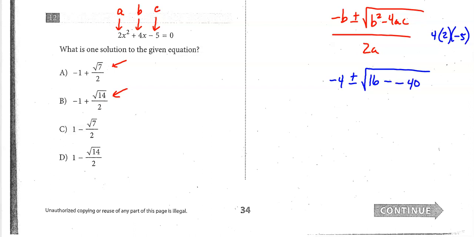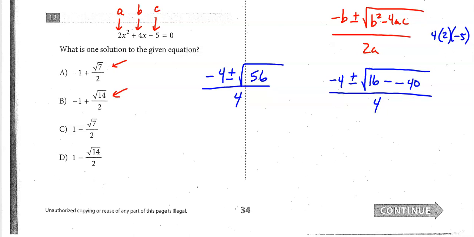So minus a negative 40, all over 2 times A, which is 2 times 2, which is 4. All right, so let's clean this up. So that's negative 4 plus or minus the square root of 56, all over 4.